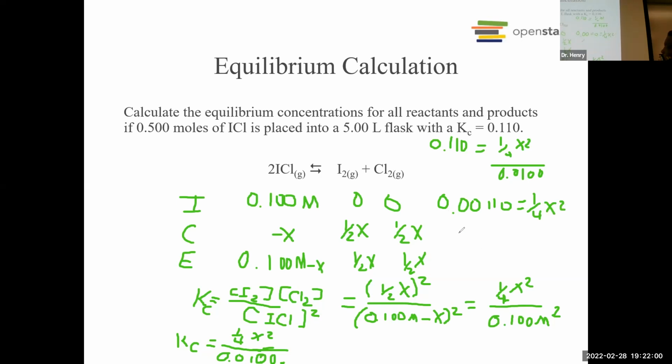So then that's 4, so that will be 0.00044 equals x squared. So then x equals 0.0663.